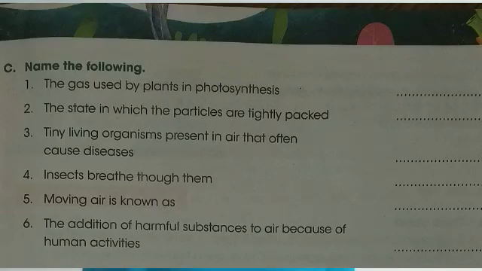And the section C, name the following. The gas used by plants in photosynthesis. That answer is carbon dioxide. Then the second one, the state in which the particles are tightly packed. Which is that state? Solid state. And the third one, tiny living organism present in air that often causes diseases. Answer is germs.